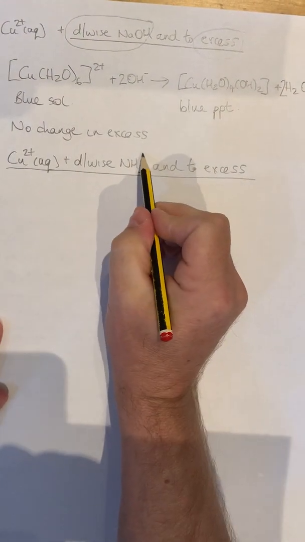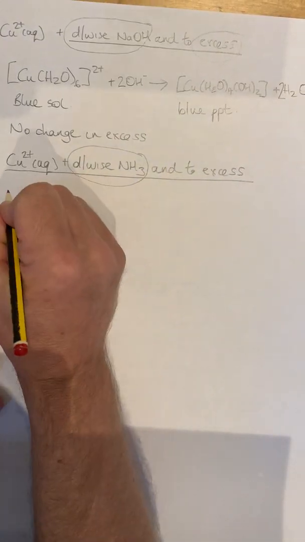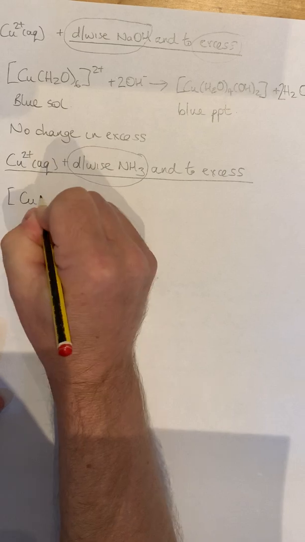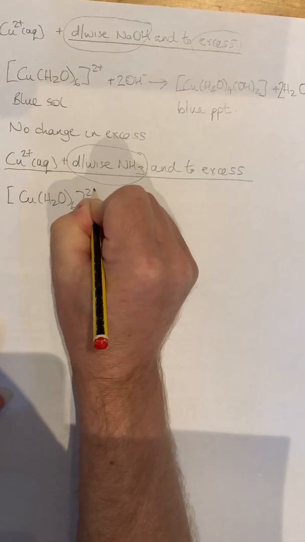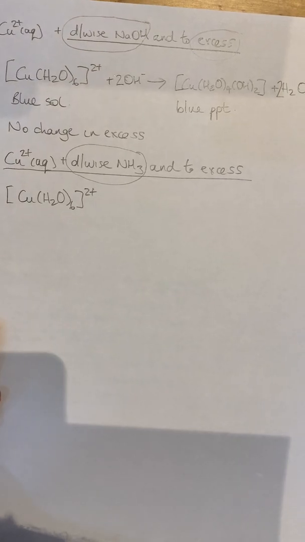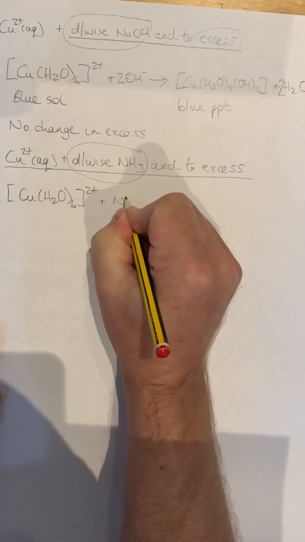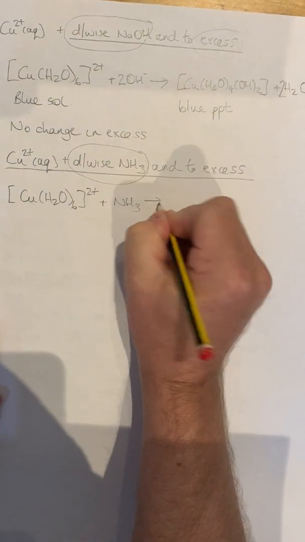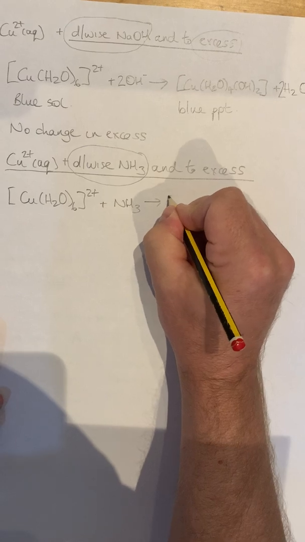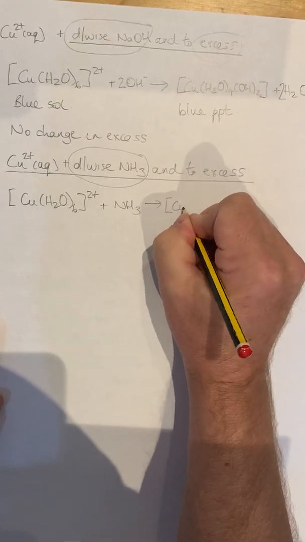So firstly, we deal with that one. So we're starting off with copper with 6 water ligands. We're adding ammonia, and we know that dropwise it forms the 4 and 2 water and hydroxide precipitate.